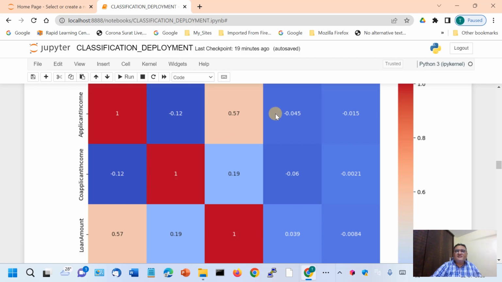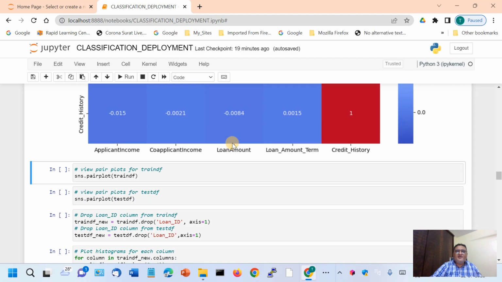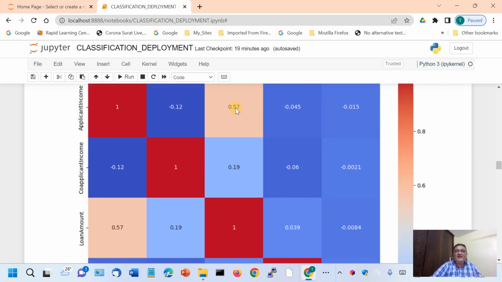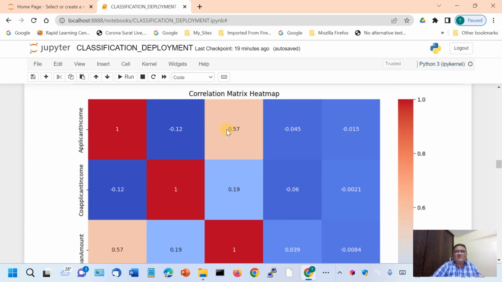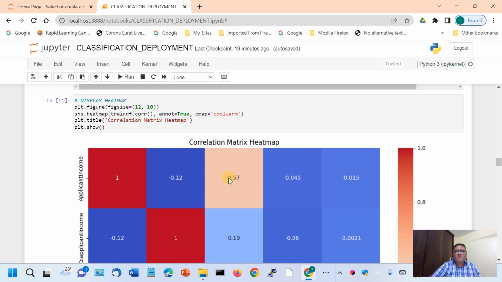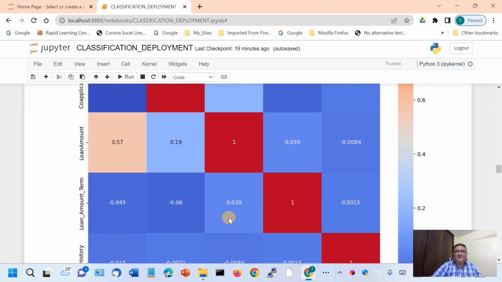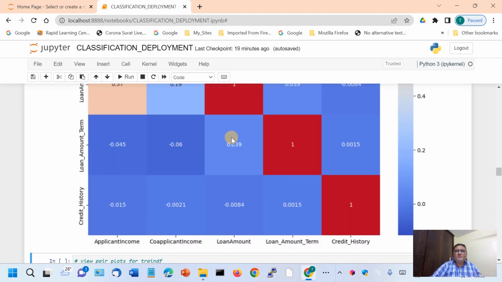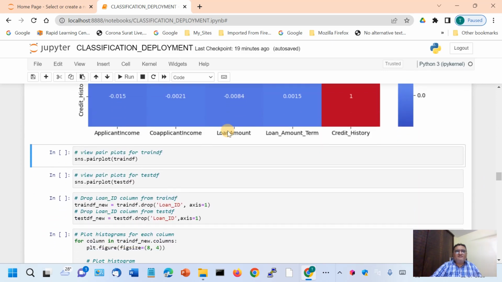Only one, this is maximum correlation, that is between applicant income and loan amount. So that means that these two are highly correlated, but the correlation is not that strong to decide that I want to remove one variable and keep only one of the two variables. For that it should be around 0.90 or above, then I can remove one variable, so I will not remove.